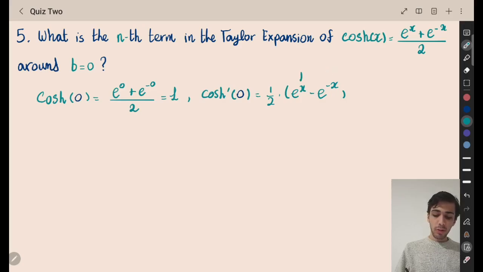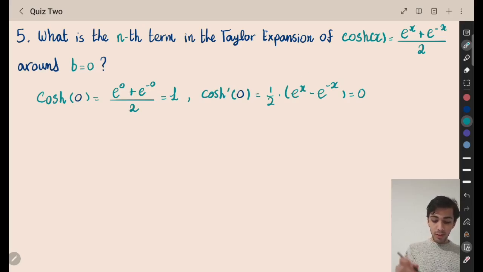When you plug in the 0 here and then plug in the 0 there, you get a 0, actually. You see, it's because the derivative of e to the x is e to the x, and the derivative of e to the minus x is the same thing, but with the minus. So when I plug in 0, I get the 0.